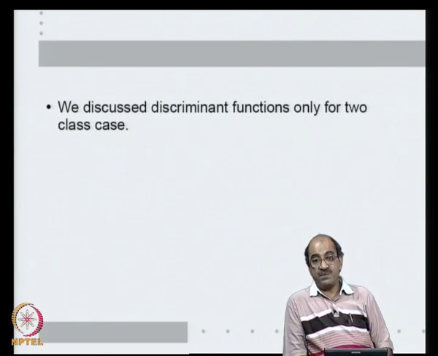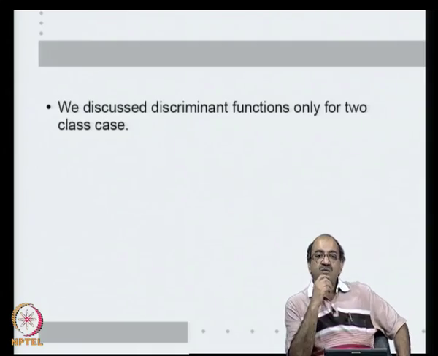Now, if I have multiple classes, how is the discriminant function idea to be extended to multiple classes? When there are only two classes, depending on the sign of one function, I can say which class it is. But if I have multiple classes, I do not know how to extend it.